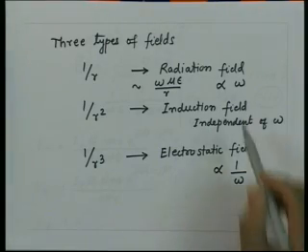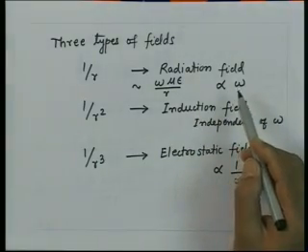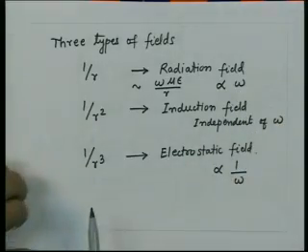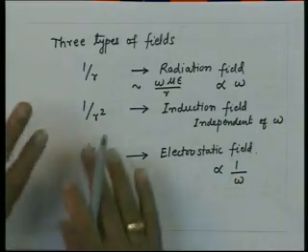Our interest however is only in the radiation field, because we are now investigating only radiation fields. So, we will take only that component of the field which varies as a function of omega. So, what we conclude from this analysis is that any time varying current is going to generate three types of fields.